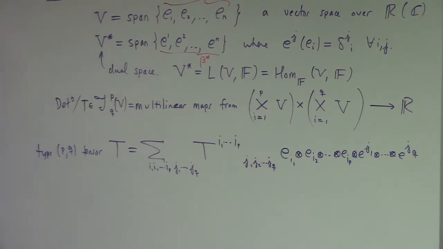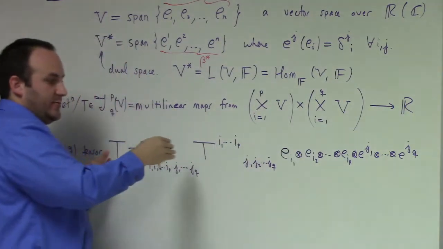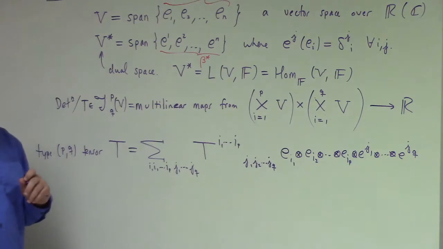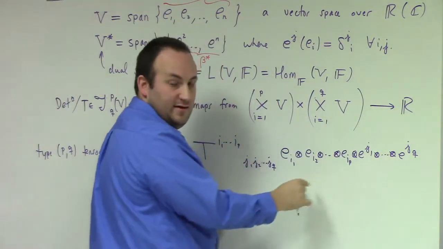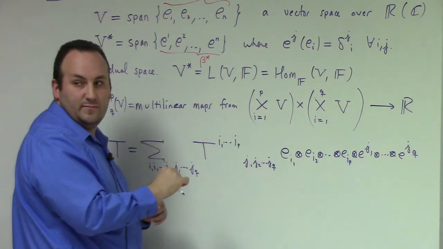Now that I have this, we can clean this up, right? This is acting on, what do the first P things act on? How about the last Q things? These are dual vectors, right? These are definitely on V. These are vectors. They act on the dual.